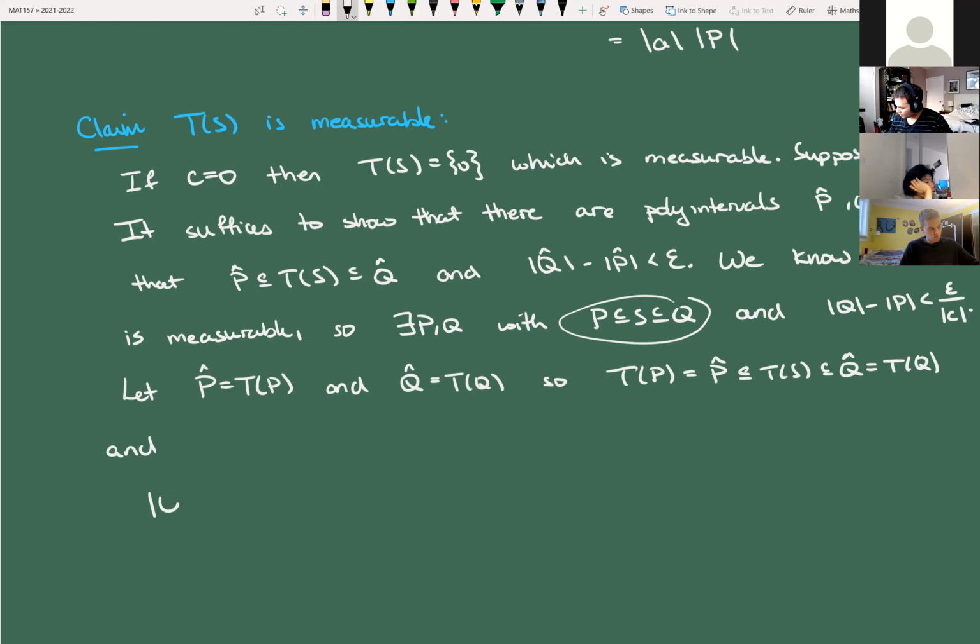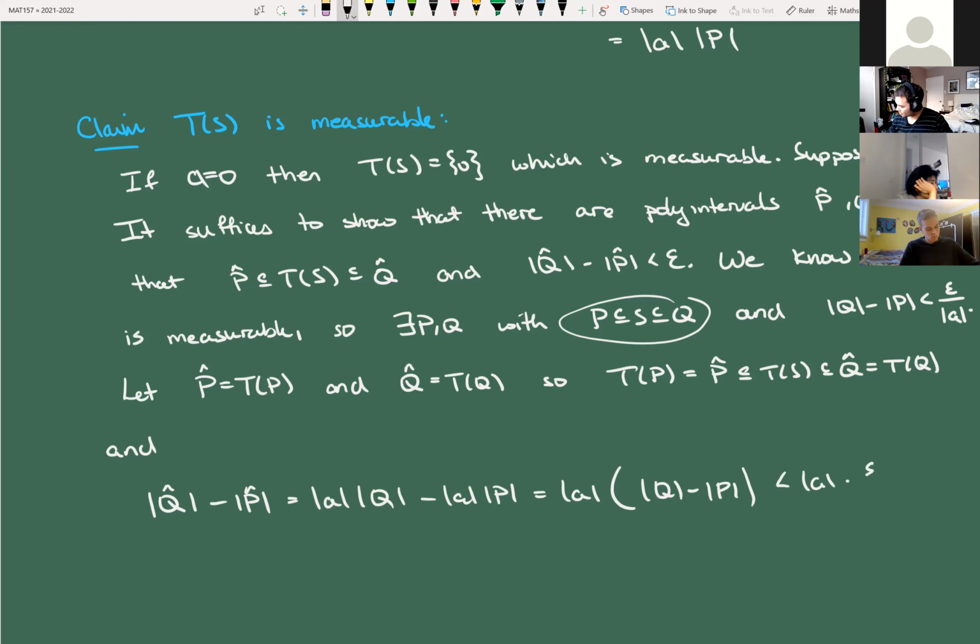And we'll have that the difference between these two things, again, these are polyrectangles, is going to be A times, oh, sorry, it should be A, not C. A times Q minus A times P, which is equal to A times (Q minus P), which is less than A times epsilon over A, which is equal to epsilon, and so we're done.